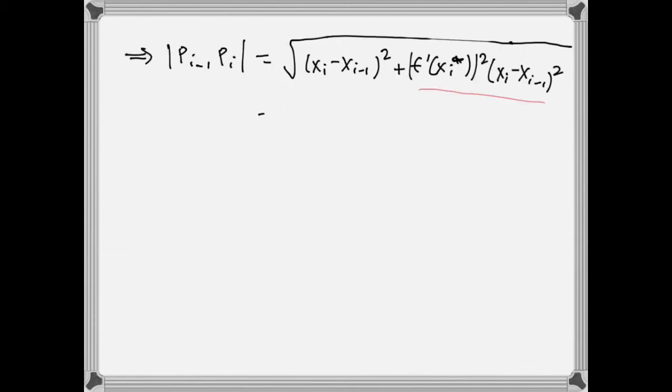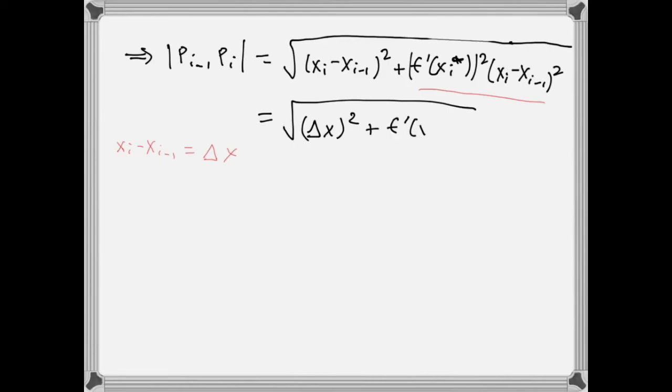But what is this equal to? So I want to remind you guys of something. Isn't x_i minus x_{i-1} the same as delta x? That's just the change in x, isn't it? And so I can rewrite this in a nicer way. Here's what it becomes. It becomes delta x squared plus f prime of x_i star squared, and then delta x squared again. But what does this equal?